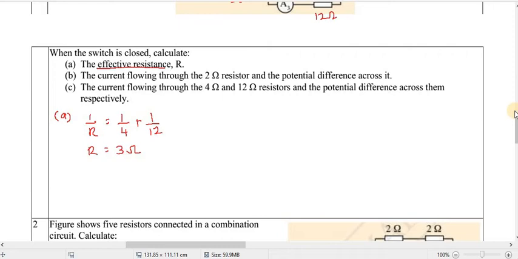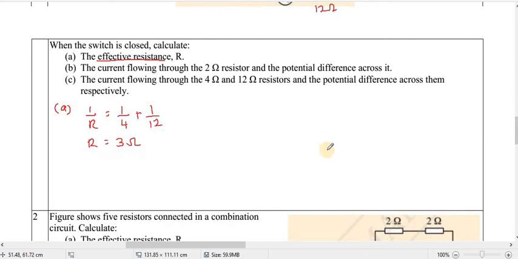In final answer, no fraction. I say many times, I hope that you remember. Absolutely no fraction in final answer. On the way to get the final answer, you can have fraction, no problem, but final answer, no fraction.